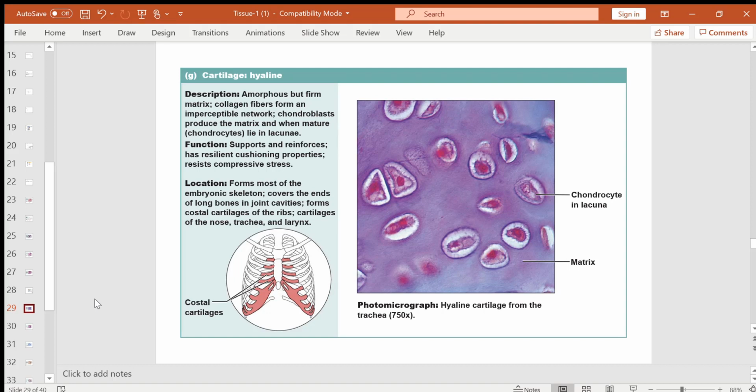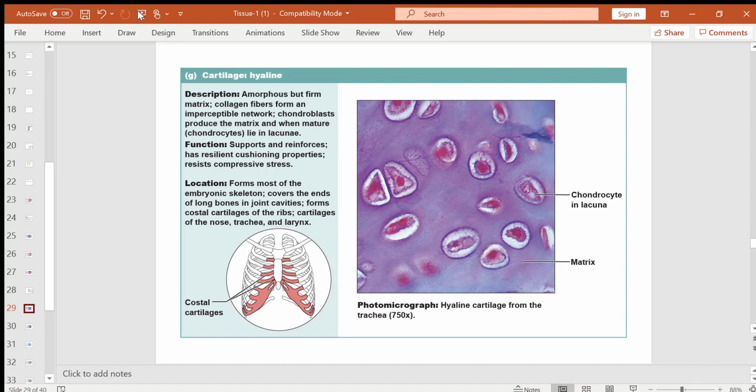So there are three types of cartilages. Cartilages belong to connective tissue, and I already mentioned that the most common type is the hyaline cartilage, and in which areas or structures of your body you will find the hyaline cartilage.